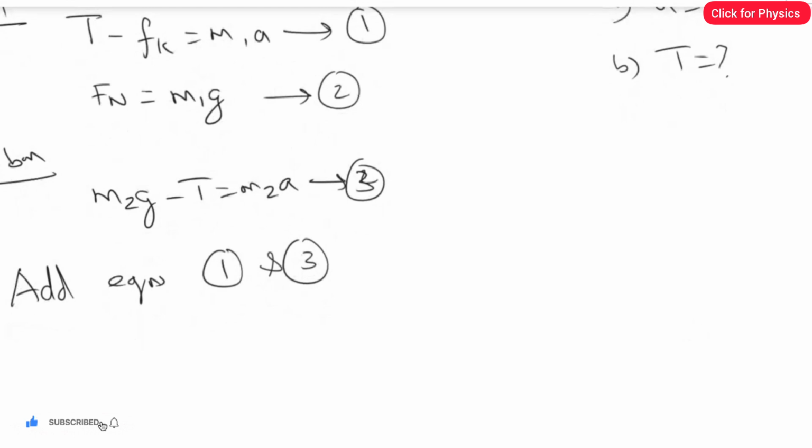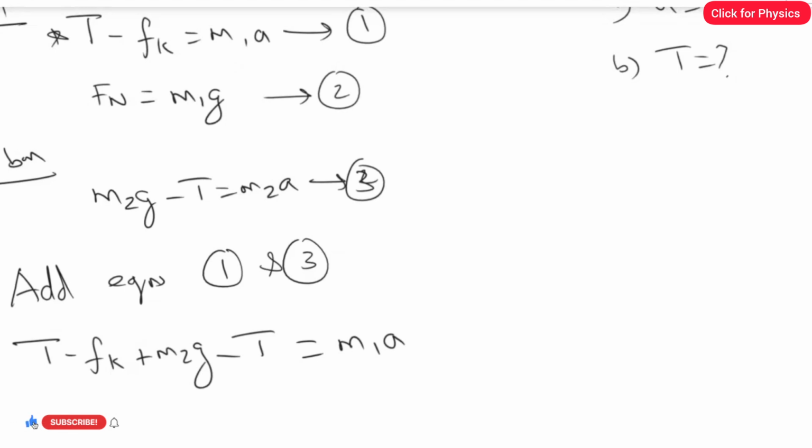So let's consider the left hand side. I'm going to write this equation, T minus fk plus this value. Am I right? Plus m2g, and plus into minus becomes minus T, which is equal to, now I have to add the right side forces, m1a plus m2a.